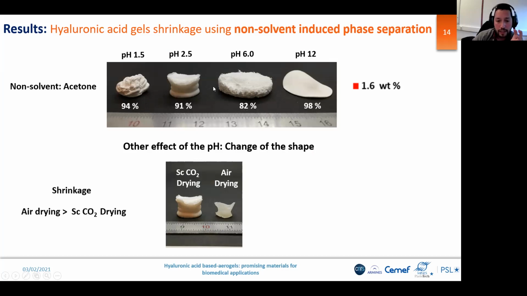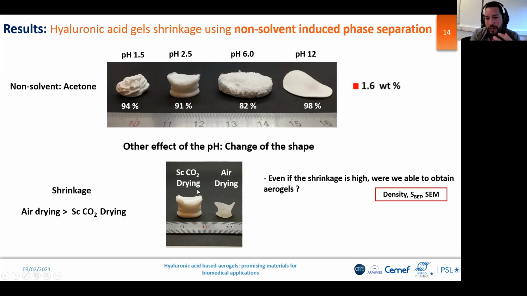Another fact that is important to highlight here is to evaluate if our methodology of drying is efficient. Why? Because we are having a strong shrinkage, but we want to know if at the end we are getting aerogel. So we compare this methodology of drying with air drying, and if you see in the figure, the supercritical drying methodology generates material with less shrinkage.